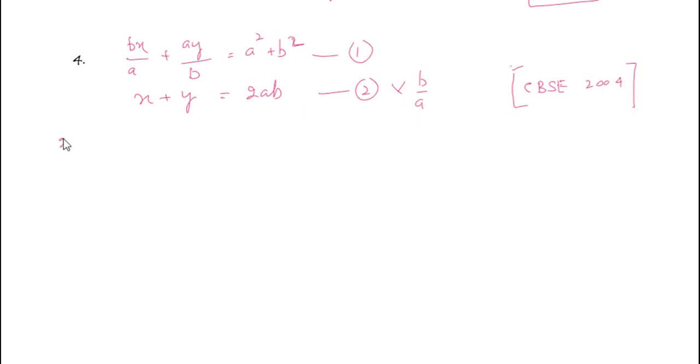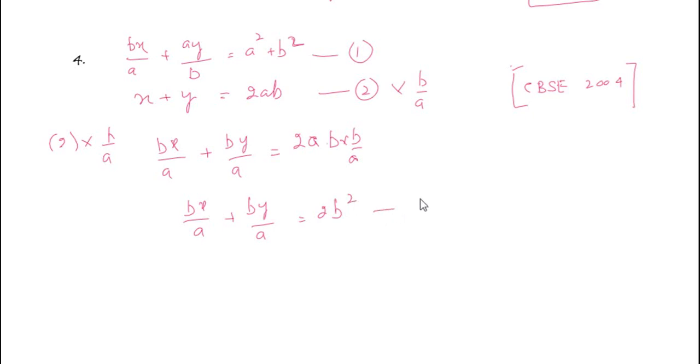So equation 2 into b by a gives us bx/a + by/a equal to, so 2 into a into b into b by a, the a cancels. So this becomes bx/a + by/a = 2b². This is equation 3.